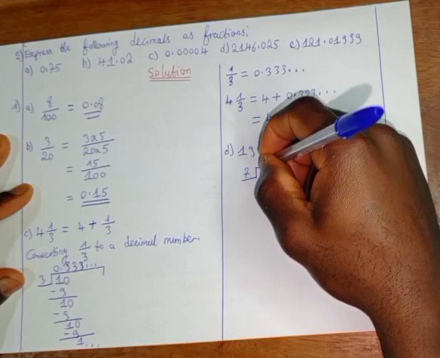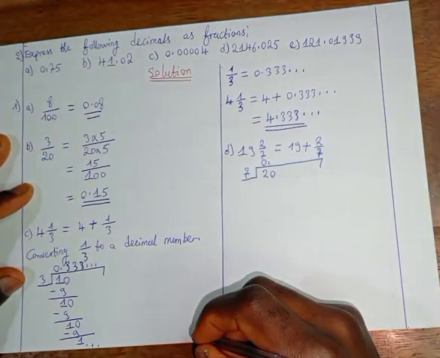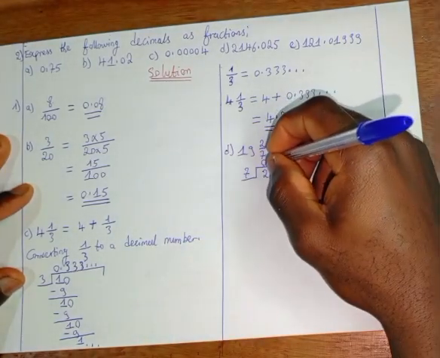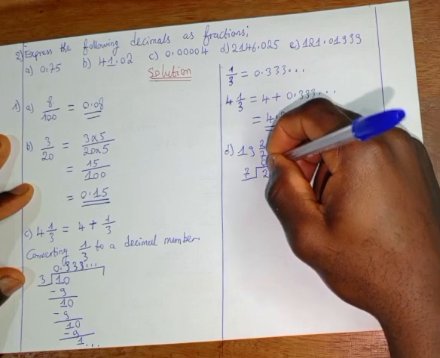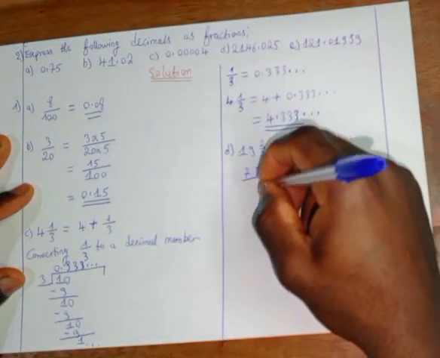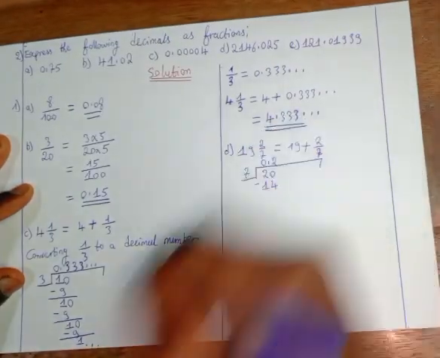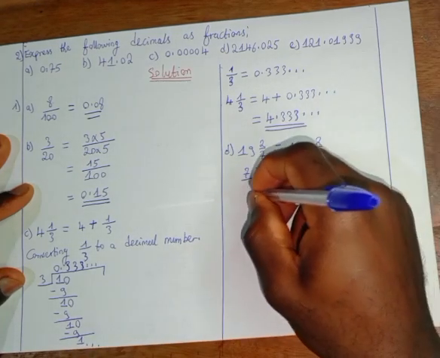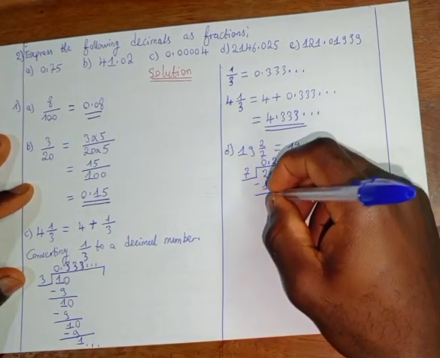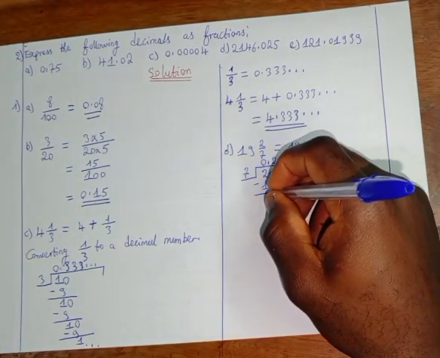We're going to fix a 0 and a decimal point. We attach a 0 here. 20 divided by 7 gives us 2. 2 times 7 gives us 14. We subtract. 20 minus 14 gives us 6.